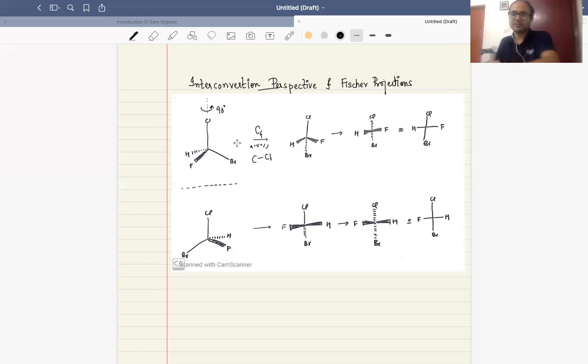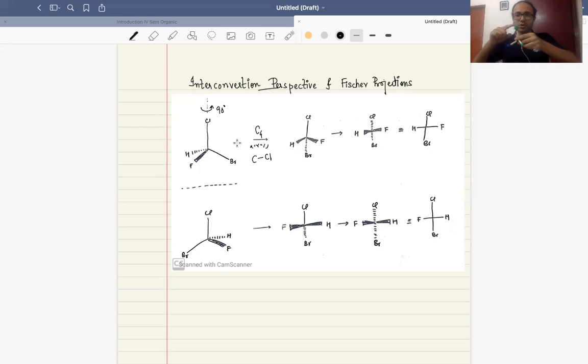So I'll use a model here. You can see this particular molecule perfectly. The bigger blue one is your bromine, and the other bigger one is your Cl. Basically, fluorine is towards you, so I might have to interchange this molecule.